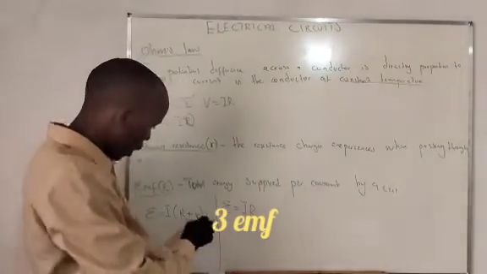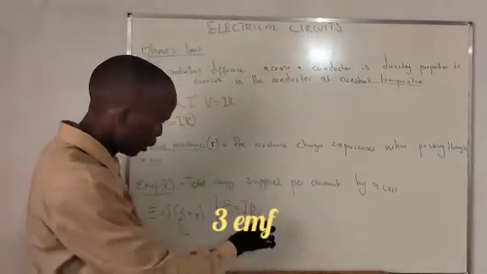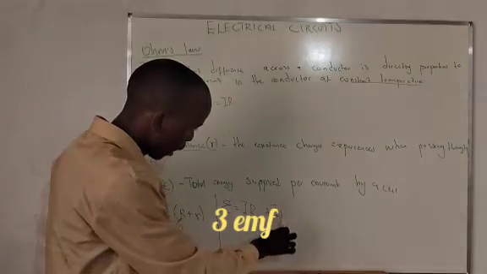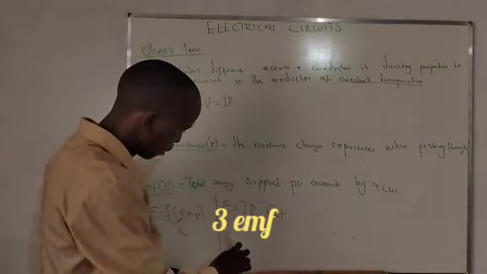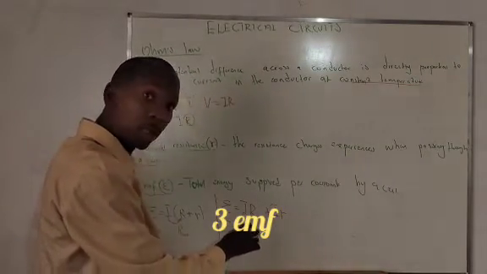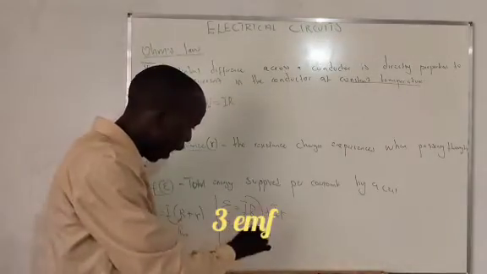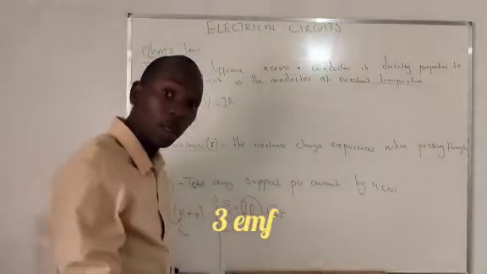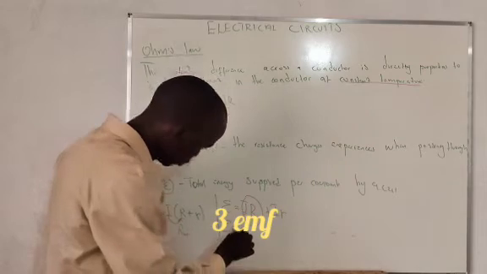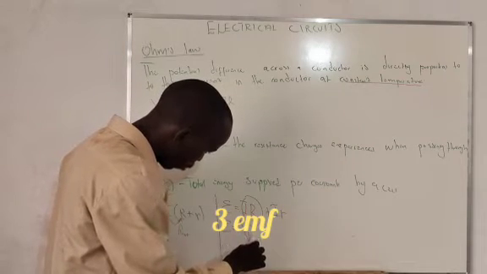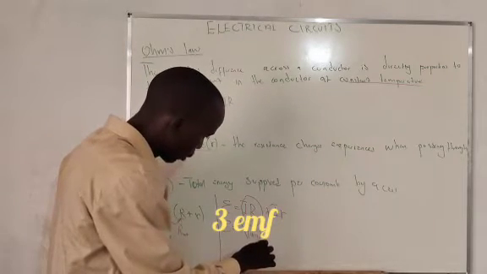It is the same. So I is a common factor here. We can write this formula as EMF equals I times R plus r. This is V load, the voltage outside the cell in the circuit.